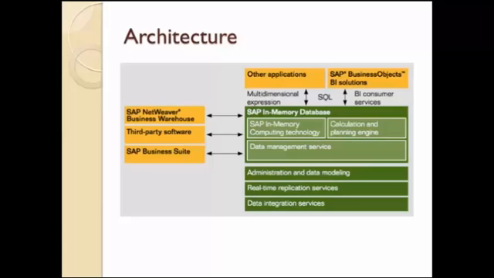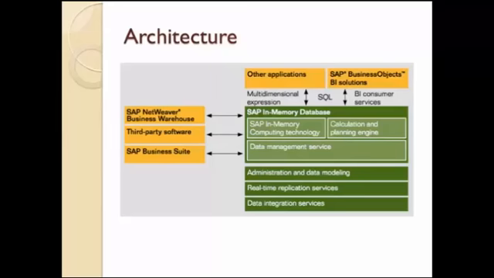And at the top, you have NetWeaver BW. Those systems generally are the ones that provide data to SAP HANA. So SAP HANA, the in-memory database, will get data from both SAP and non-SAP systems.